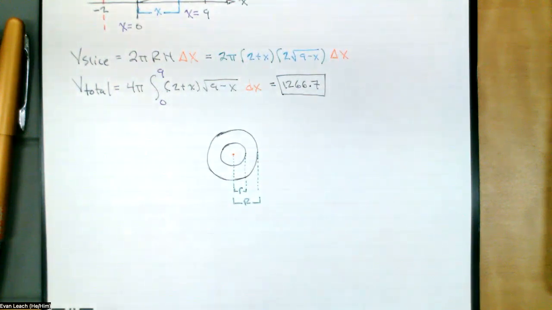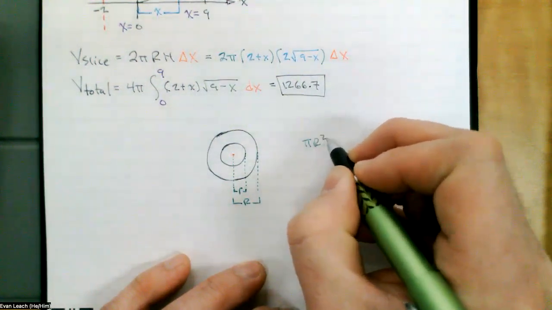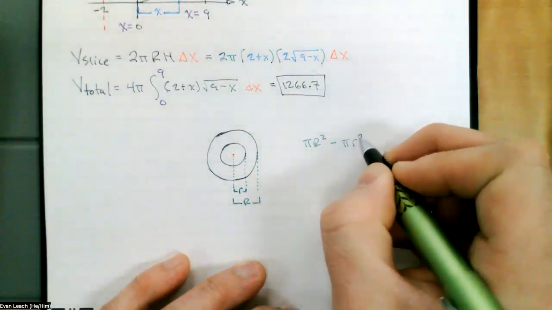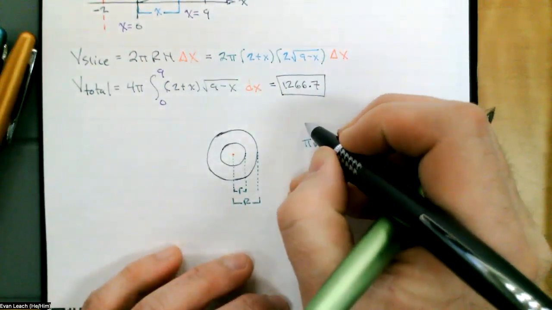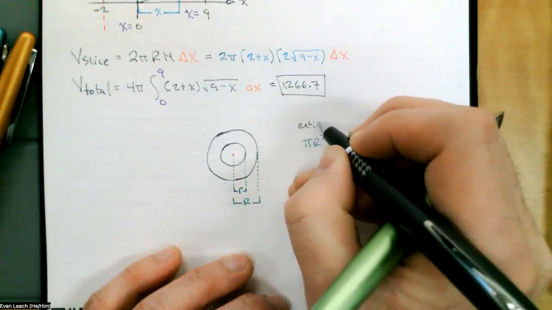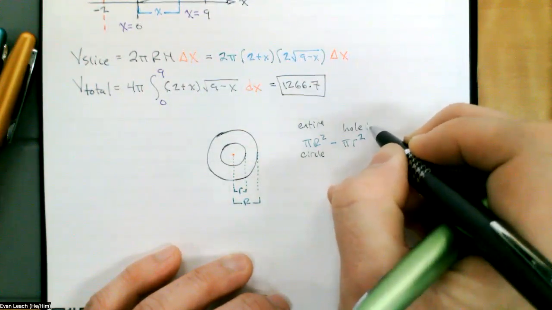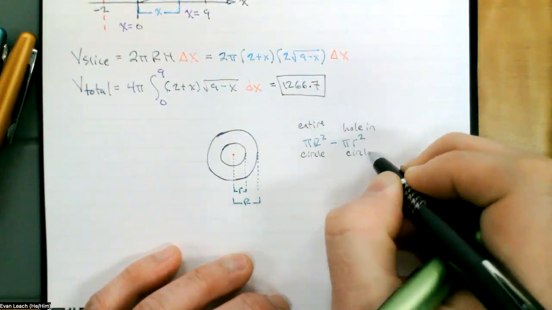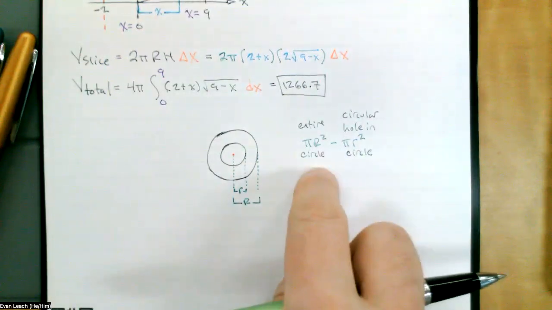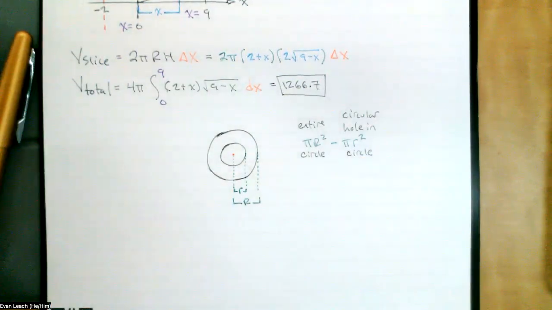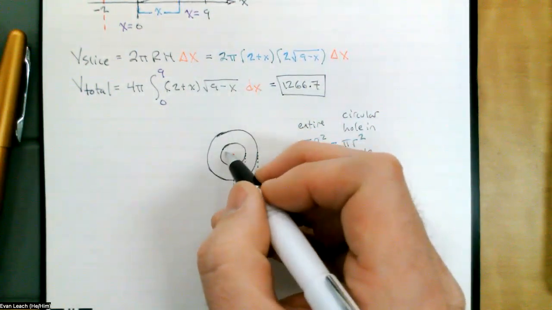So we need to subtract the gap. We need to subtract the hole. So we're doing a pi r squared minus pi little r squared. So this is the whole circle. So we take the entire circle and subtract the circular hole in the circle. So pi r squared for the whole circle minus the circle inside.